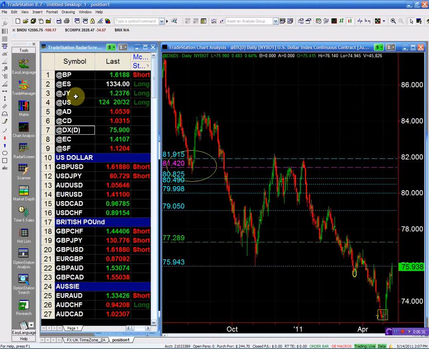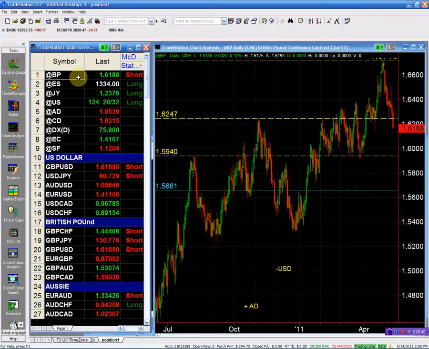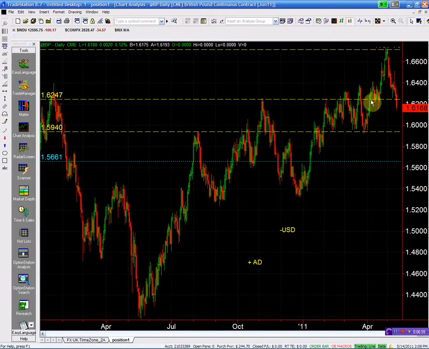If you look at the British pound on the daily chart and the index, the pound has traded below the structure point, which is the 162.47 on the index, and we closed the week at 161.68.